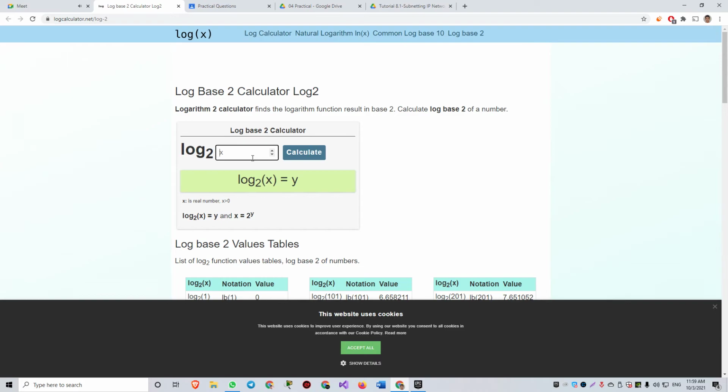Log base 2 of 25, calculate. What did you get? 4.64. So if you round up to an integer only, 5. So you need to borrow 5 bits.